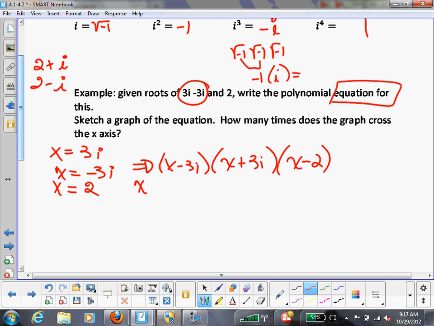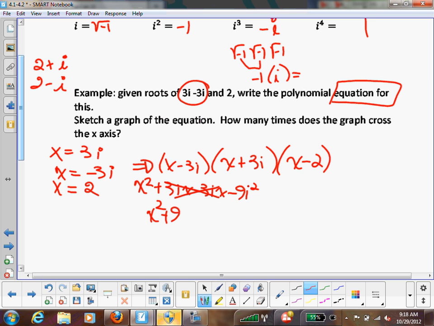So you're going to get x squared plus 3ix minus 3ix minus 9i squared, which drops out the middle terms and leaves you with x squared what? Plus 9. So remember how we said that this was not the difference of perfect squares, that we can't factor this, right? x squared plus 9.